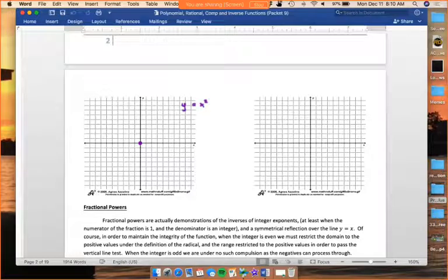The reason is because with a power function, there's no constant being added that would shift it up or down and give you a new y-intercept. Whenever you plug in 0 for x, you're going to get 0 out for y. So that origin is always going to show up. If it's a negative integer, then it's always going to have an asymptote, and we'll get to that in a little bit.